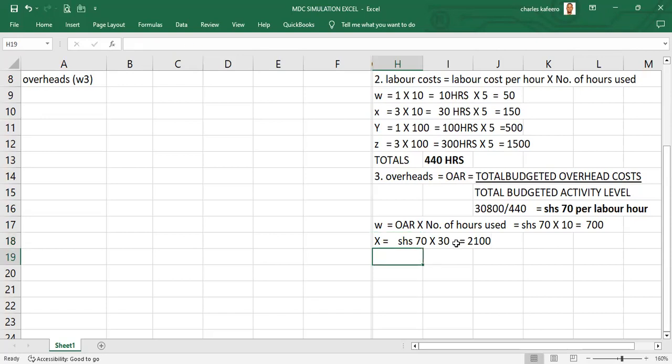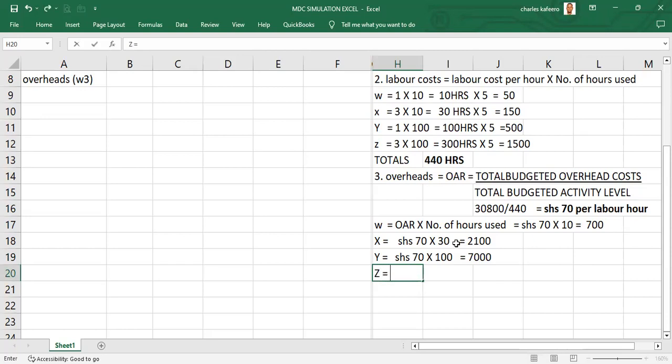So we go to product Y, which is shillings 70. We multiply by the number of hours, which were 100 hours, and this will give us 7,000 shillings.